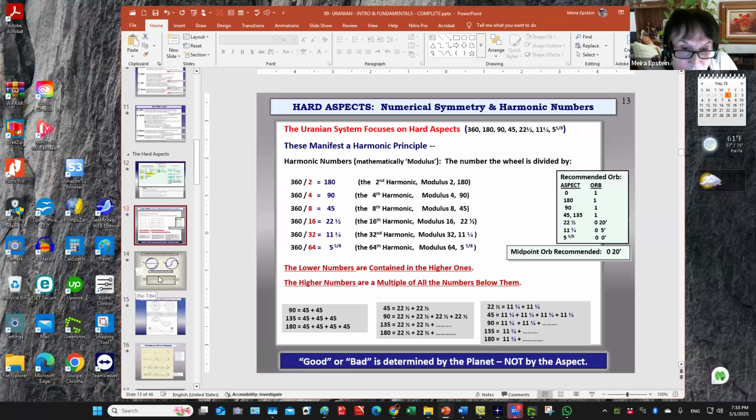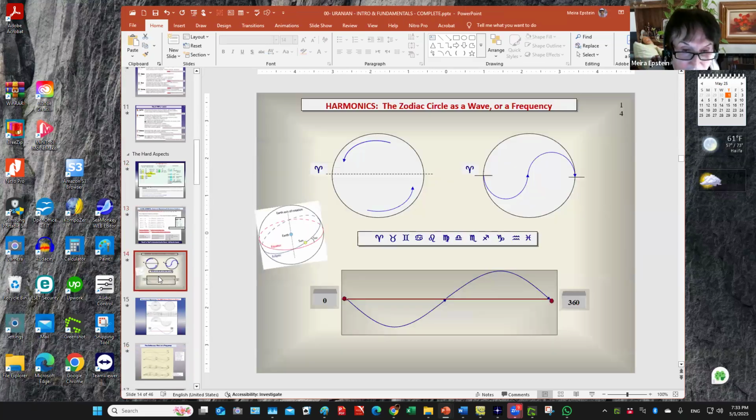So now I'm going to explain the fact that when we look at those hard aspects, we don't necessarily try to figure out if one of them is stronger than the other or not.